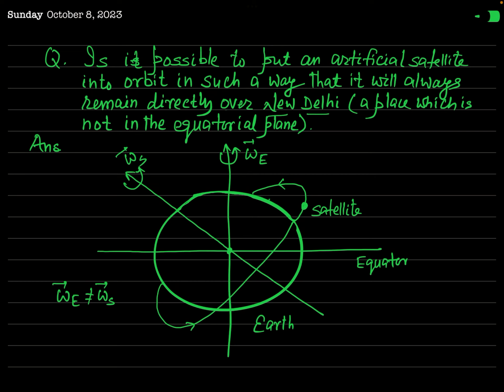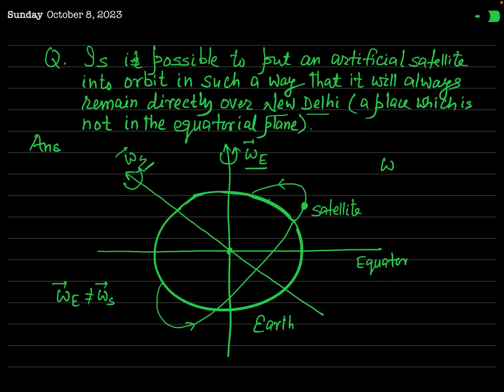As you can see, the satellite has been placed in such an orbit which appears above New Delhi, and this place is not in the equatorial plane. In this figure I have shown that the angular velocity of the satellite, omega s, and the angular velocity of Earth's rotation, omega e, are not in the same direction.